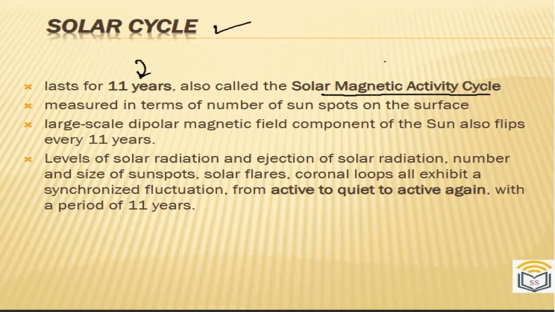That means the magnetic activity of the sun also changes along with this 11-year time frame, and it is measured in terms of the number of sunspots present on the surface of the sun.